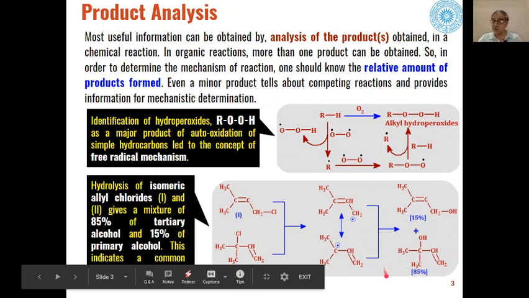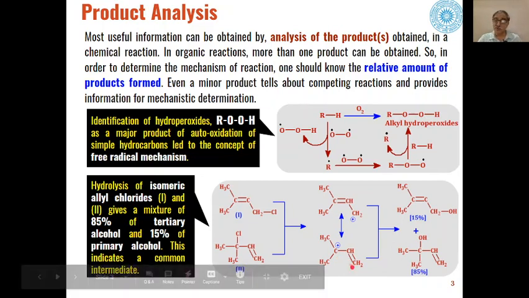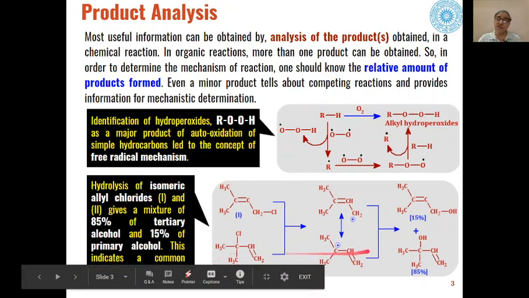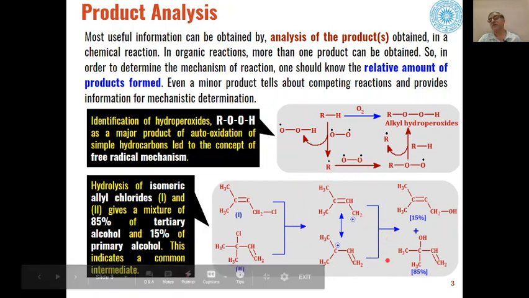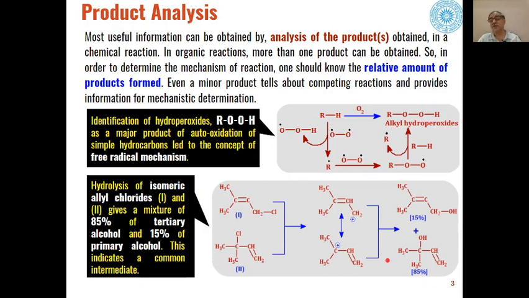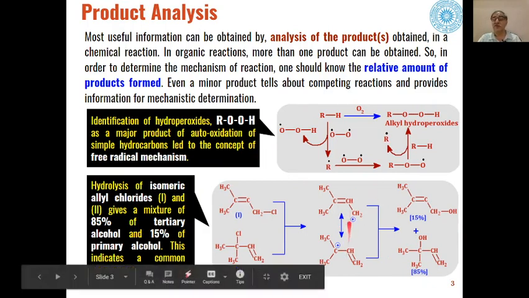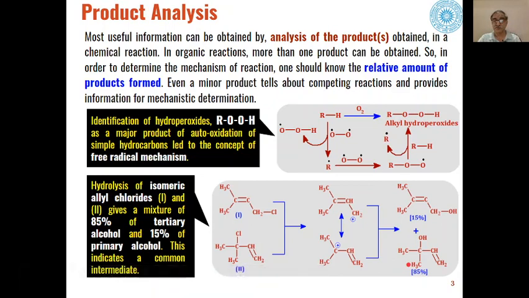The tertiary product is formed in greater amount because of the higher stability of the tertiary carbocation. So on the basis of analysis of the product, we can tell that this reaction follows this type of mechanism, where an intermediate of carbocation nature is formed in the reaction.